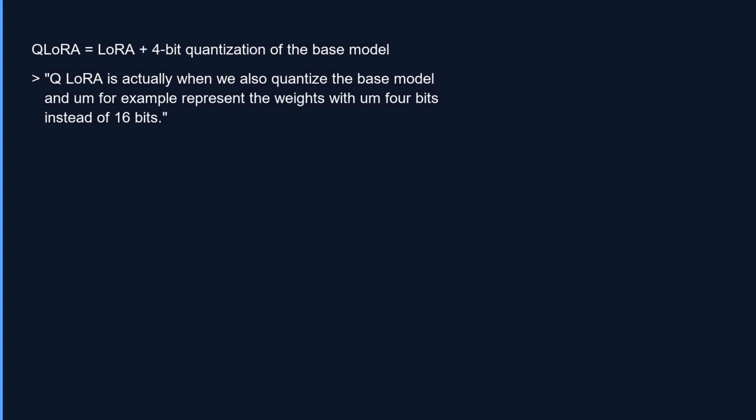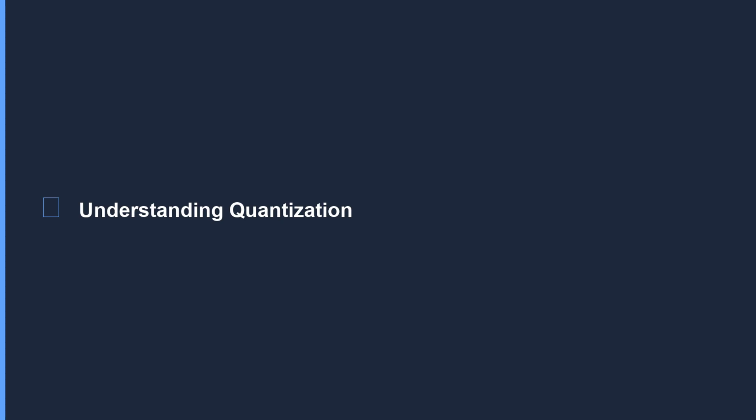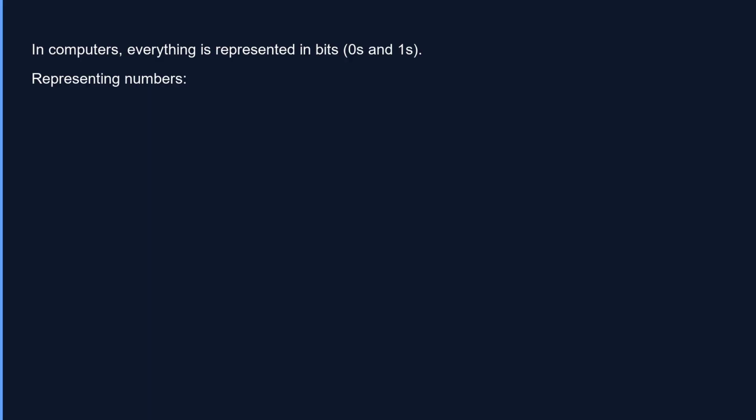Quantized low-rank adaptation is low-rank adaptation plus 4-bit quantization of the base model. QLoRA is when we also quantize the base model and, for example, represent the weights with 4 bits instead of 16 bits. In computers, everything is represented in bits, zeros and ones.